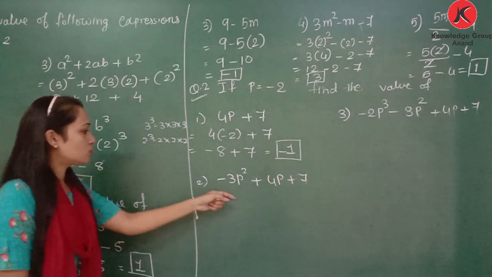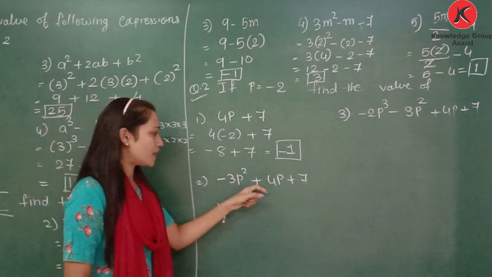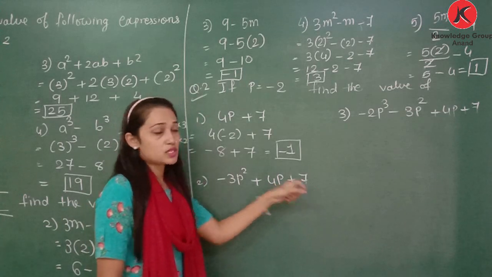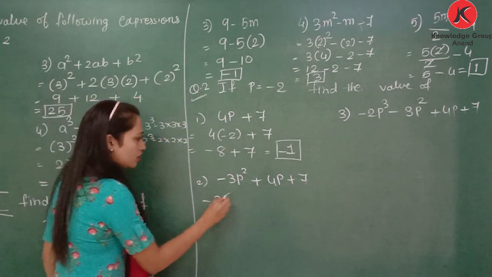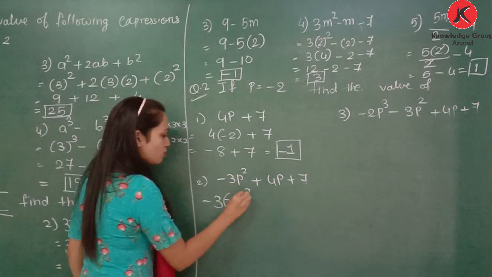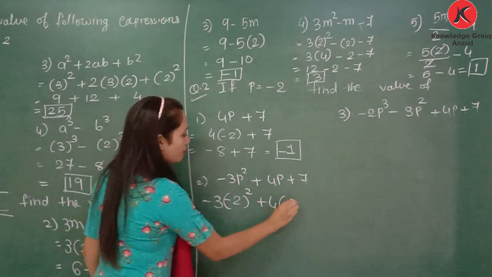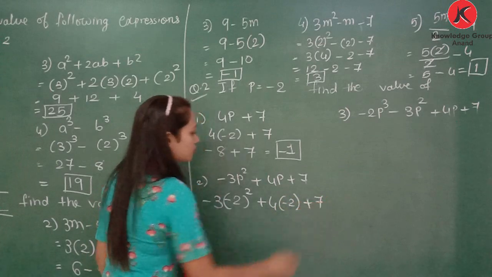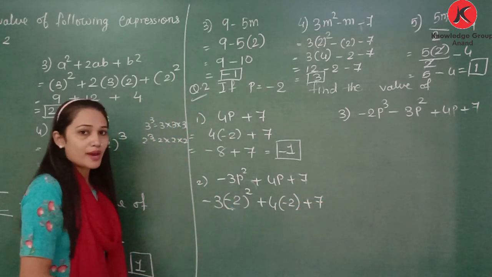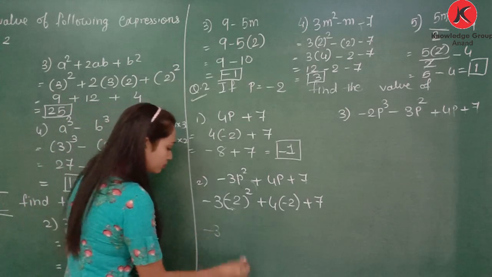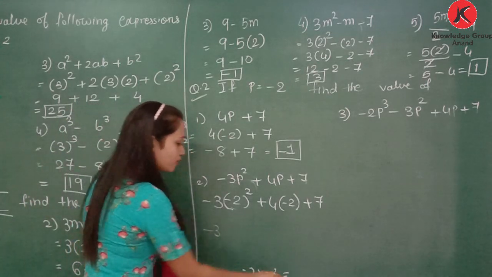Next one, 3 minus 3p square plus 4p plus 7. So instead of p you need to write minus 2. So we write minus 3, p square means minus 2 square, plus 4 multiply minus 2, plus 7. First solve this one. Minus 2 square is minus 2 multiply minus 2. So what is minus 2 multiply minus 2?